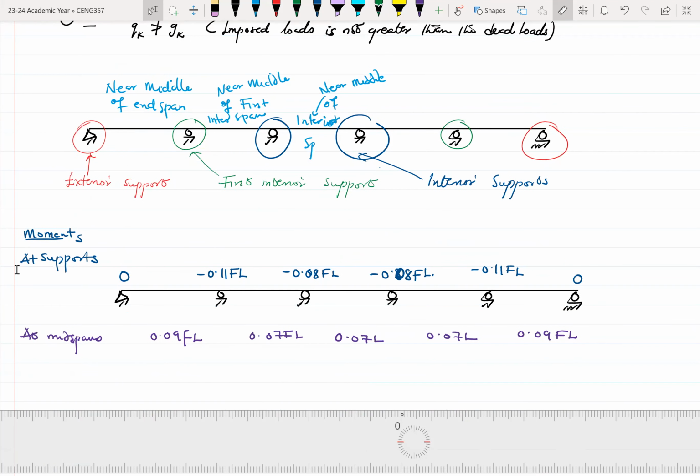Minus 0.11 is correct. I think largely minus 0.08 as well. Hopefully I haven't made a mistake somewhere. And then our mid spans are 0.09, and then 0.07. I think I should be correct. If for some reason I'm not, I'll let you know.